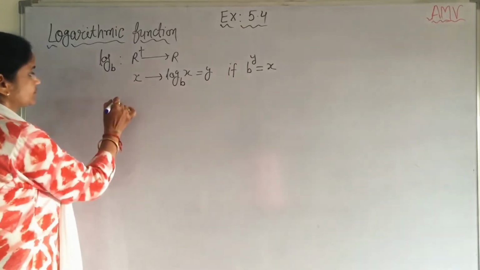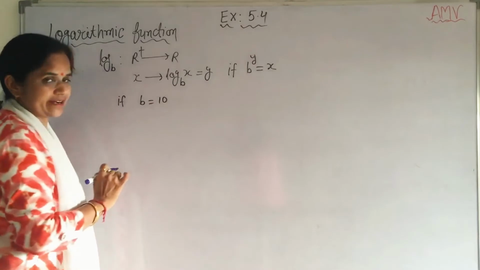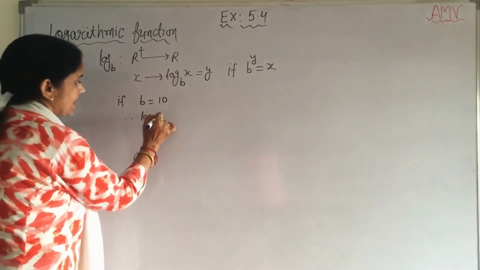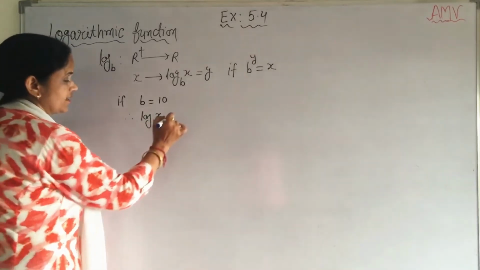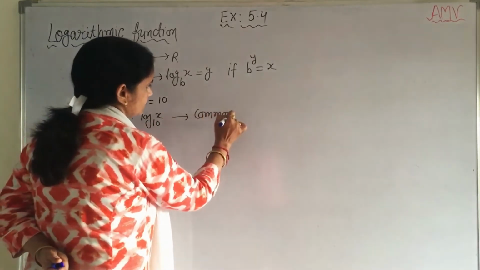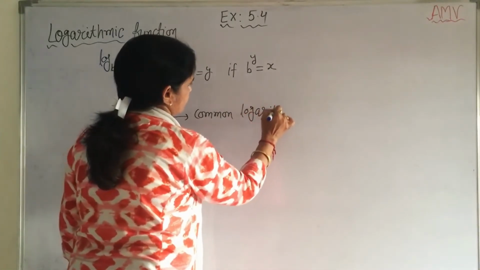If b is equal to 10, then it is log x base 10. It is known as common logarithm.